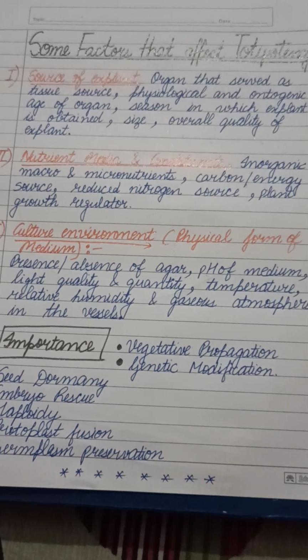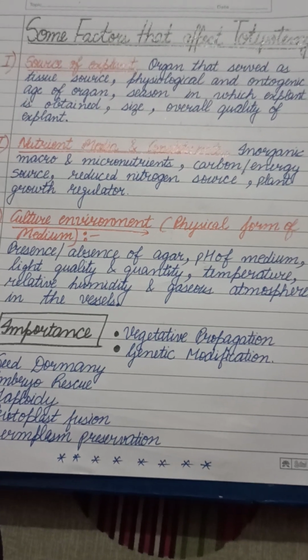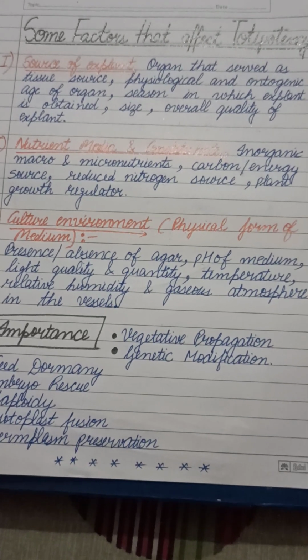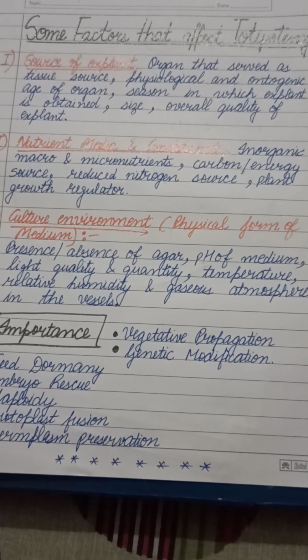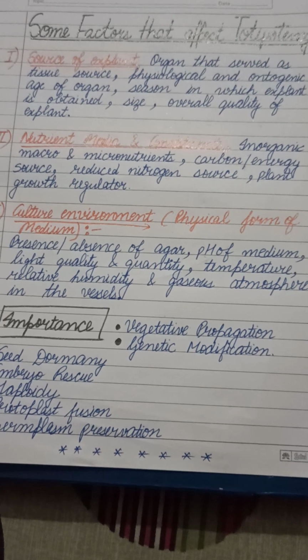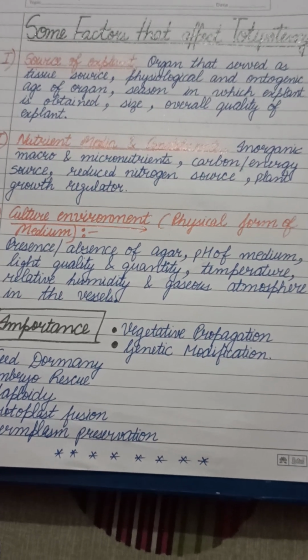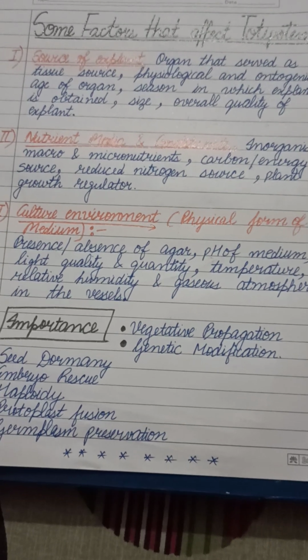Nutrient media and constituents: inorganic macro and micronutrients, carbon energy source, reduced nitrogen source, plant growth regulator. Culture environment: physical form of medium, presence or absence of agar, pH of medium, light quality and quantity, temperature, relative humidity, gaseous atmosphere in the vessels.